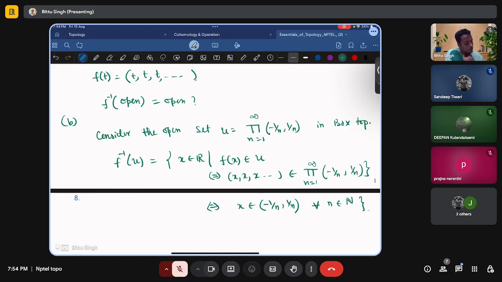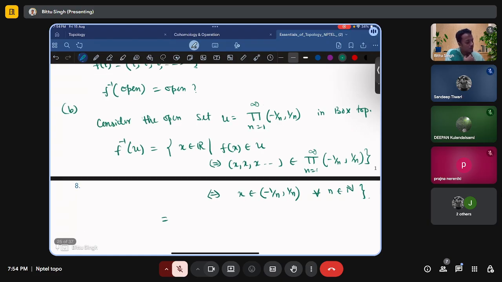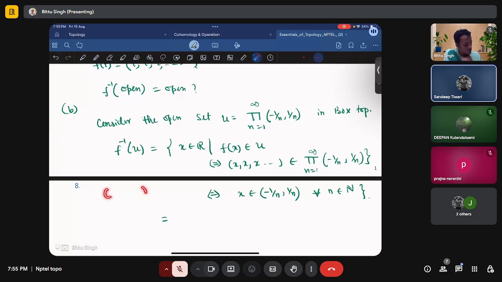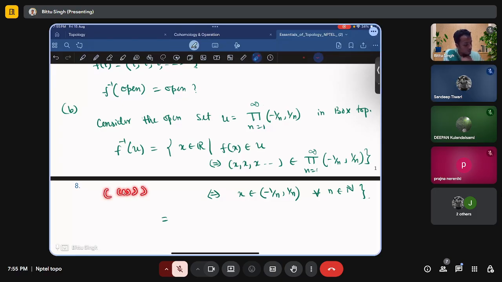Can you see what is the element which belongs to all such intervals? Zero. Exactly, because the intervals are shrinking, only 0 will survive. So this set is {0}.